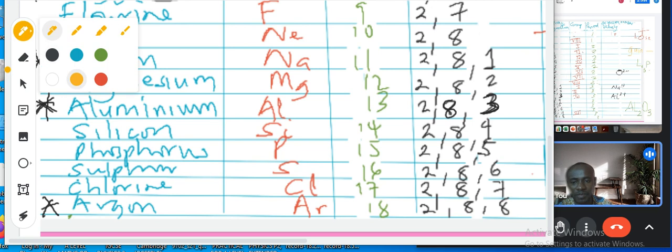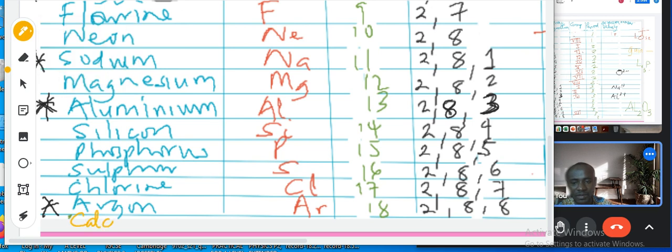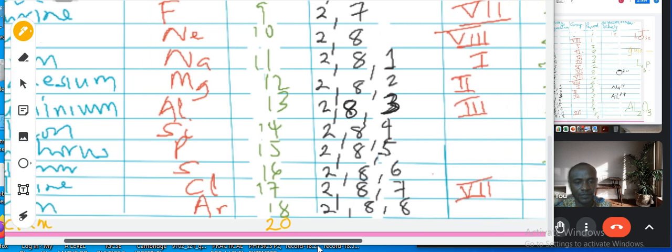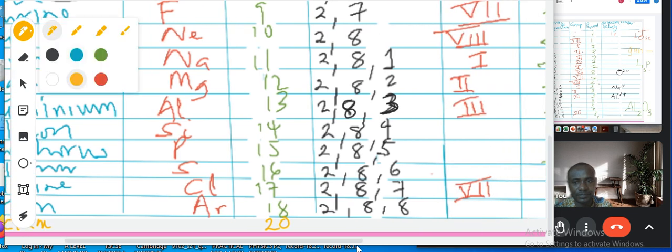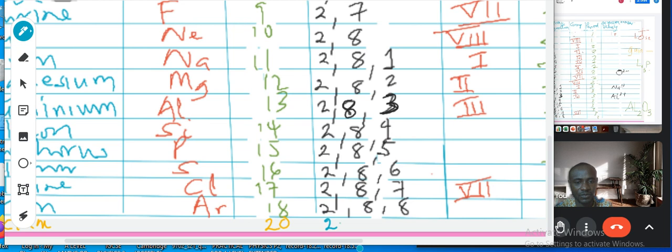The atomic number of calcium is 20, which means it has 20 electrons, because atomic number equals the number of electrons. There'll be 2 in the first shell, 8 in the second, 8 in the next. So we have 2, 8, 8.